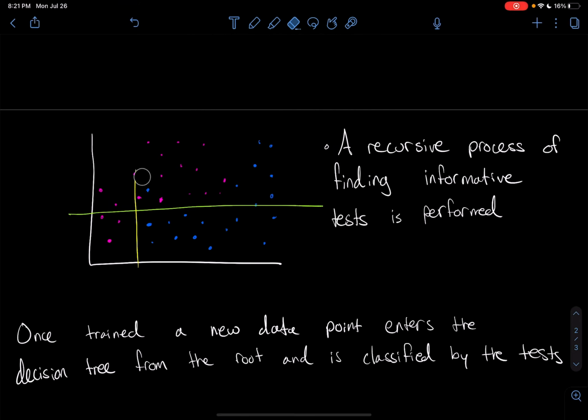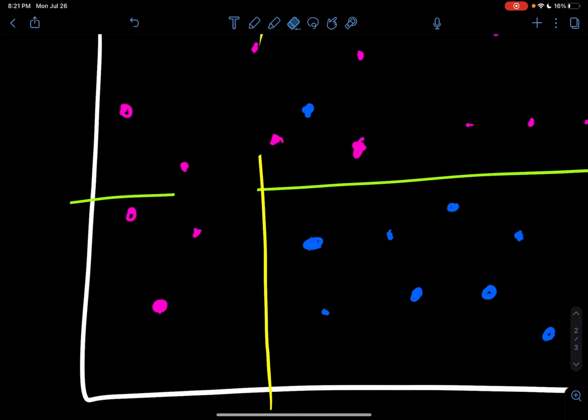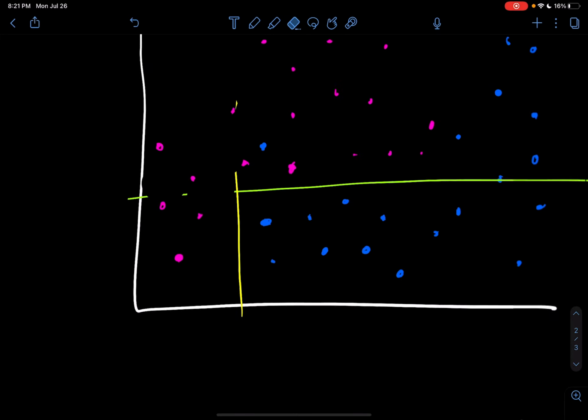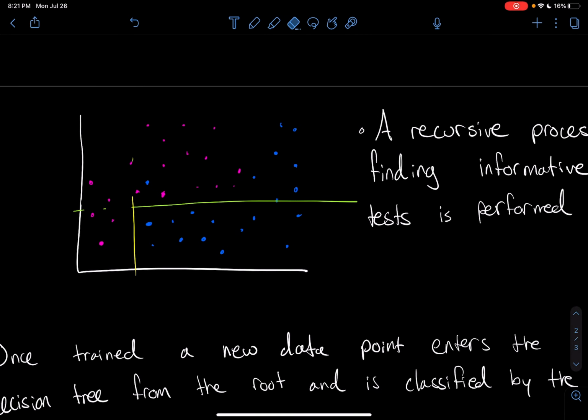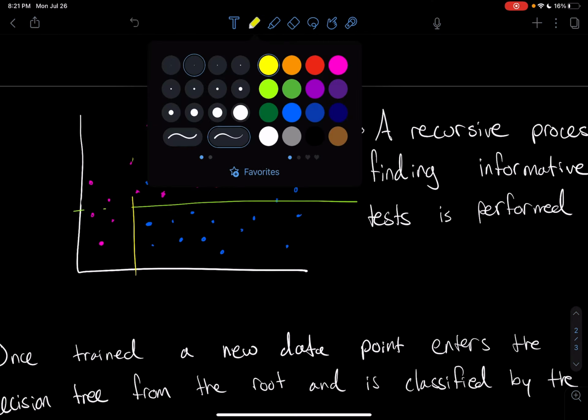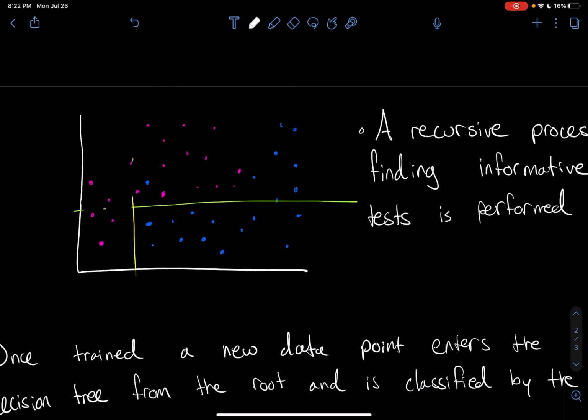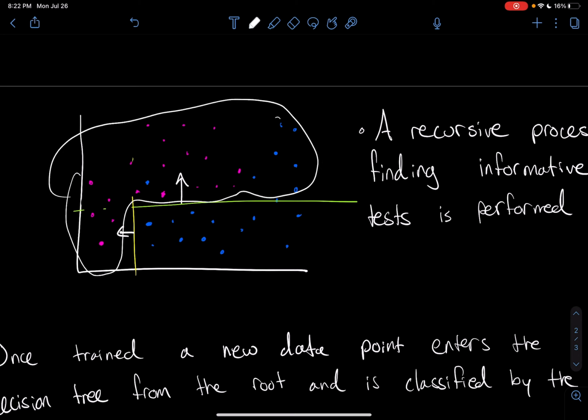We now have a combination, and you see our decision tree gets a little bit better, because now the condition to be a pink class means you have to be above the green line and to the left of the yellow line. That combination together will encapsulate this entire area. But you can see we still have a couple of stray blues here, so we're not quite done yet.